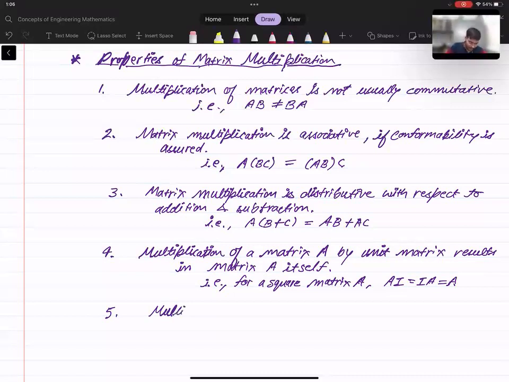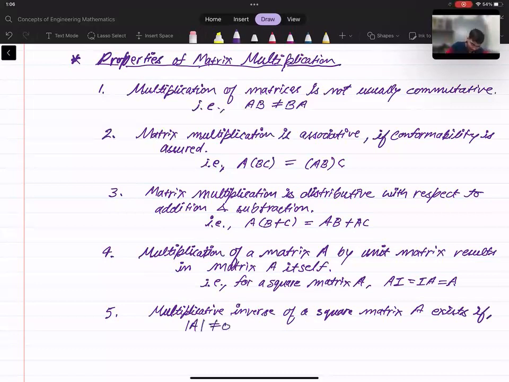So the multiplicative inverse of a square matrix A exists if the determinant of A is not equal to 0, that is, A is non-singular, not singular.